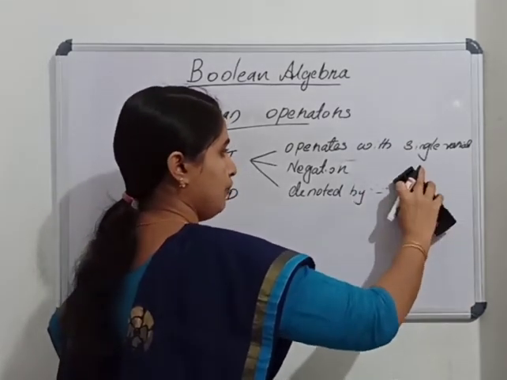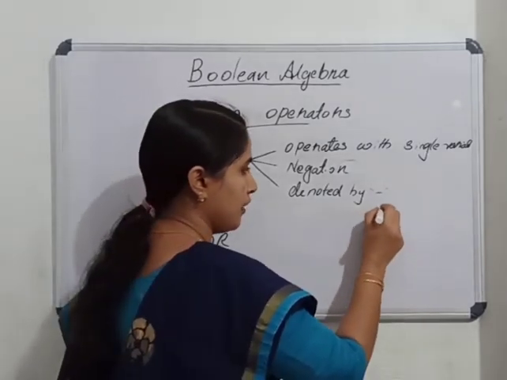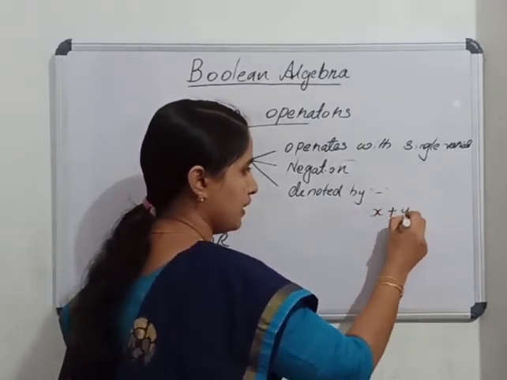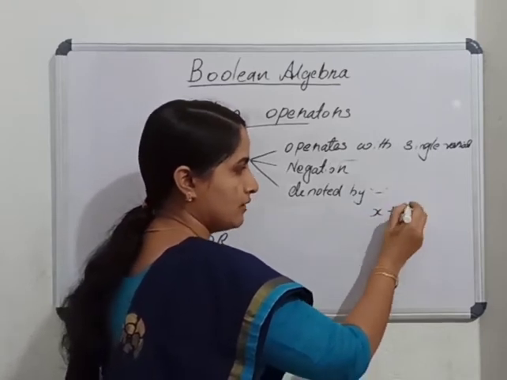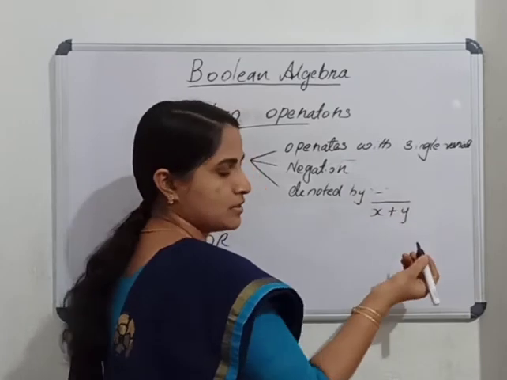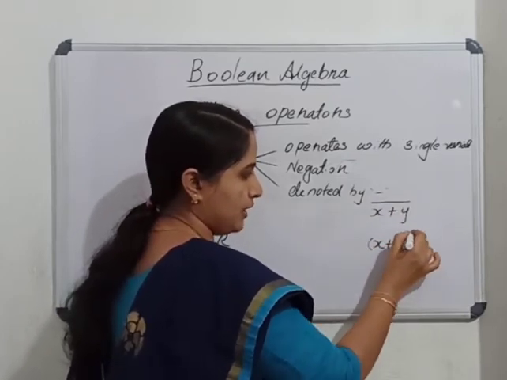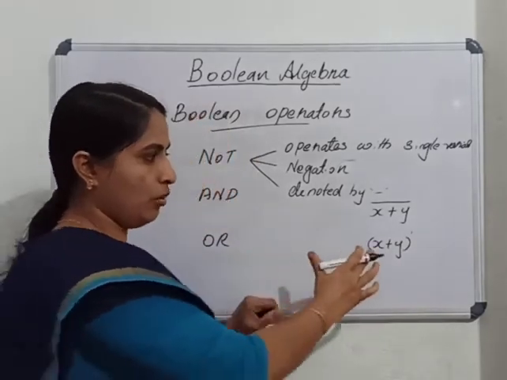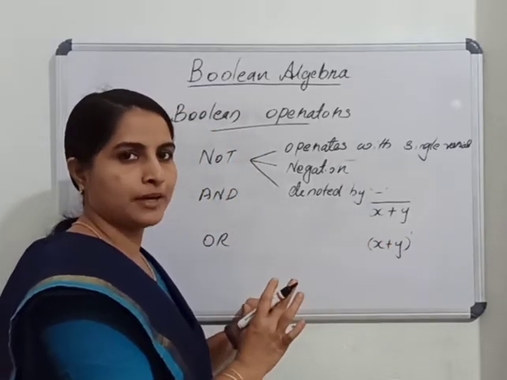If there are more than one variable, for example, if I am using x plus y, how can we negate this? To negate this, either you can draw a bar over it, otherwise x or y can be given in brackets, then put a complement symbol there. Understood? What a not operator is?